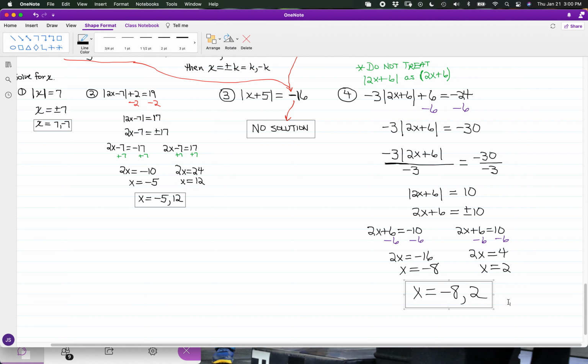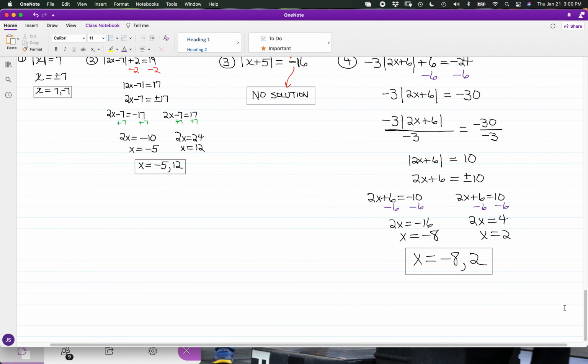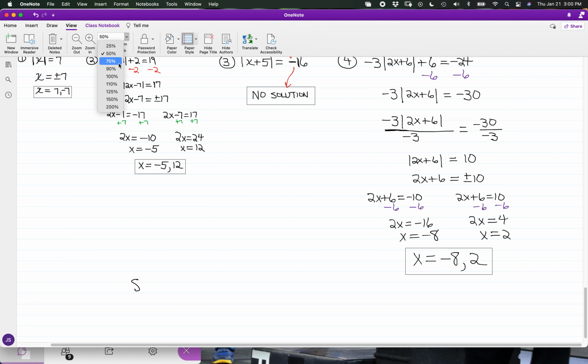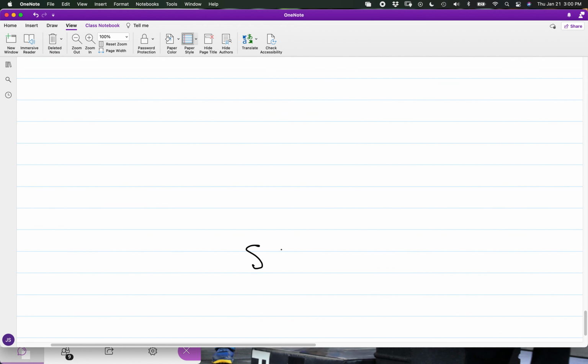All right, that's what we have in working with absolute value. Let's see what we get. So we have solving for x.